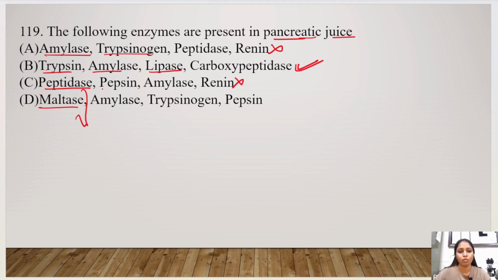Pepsin is also not present in the pancreas because it is secreted by the stomach to digest protein. So this is from the stomach, and this is part of succus entericus or intestinal juice, and renin is found in infants for digesting milk. So option B is correct for this question.